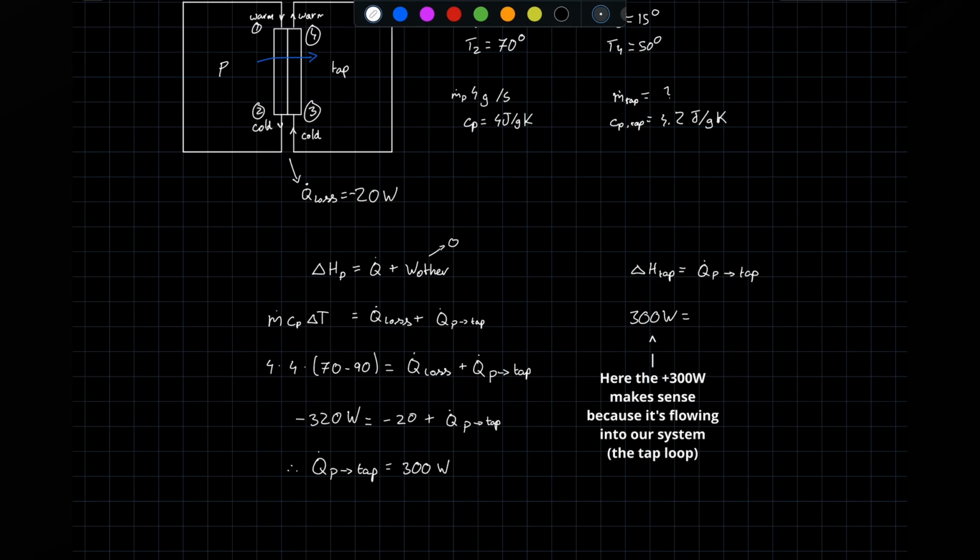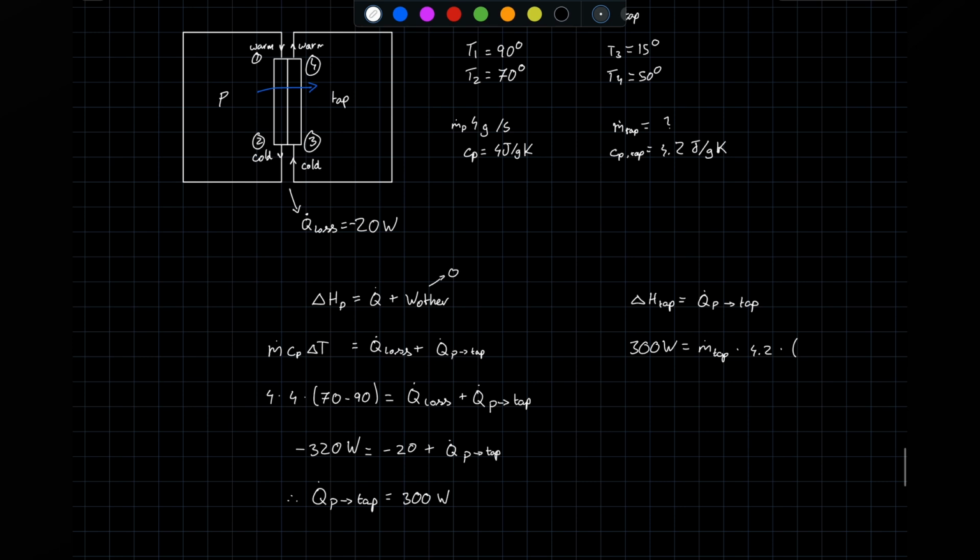And this has to be equal to our mystery tap flow times 4.2 times the change in temperature, which in this case is 50 minus 15.